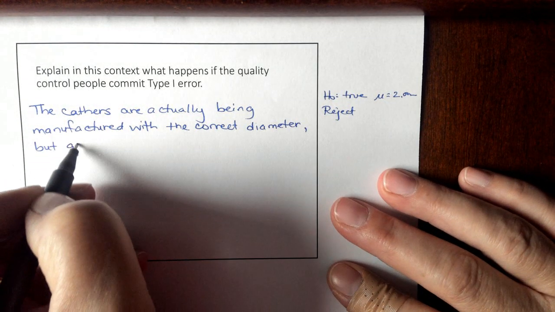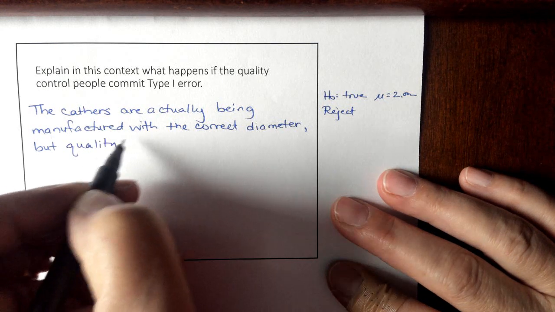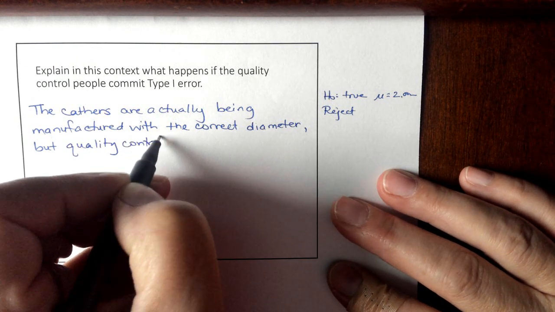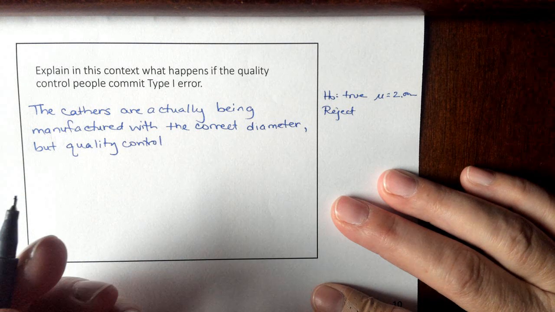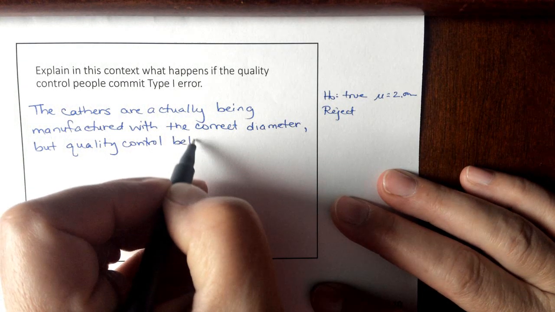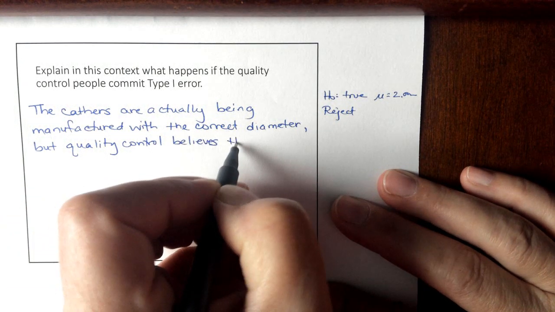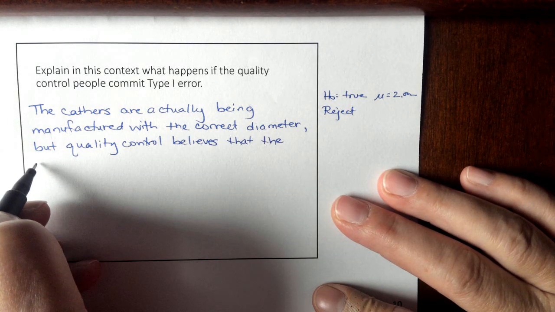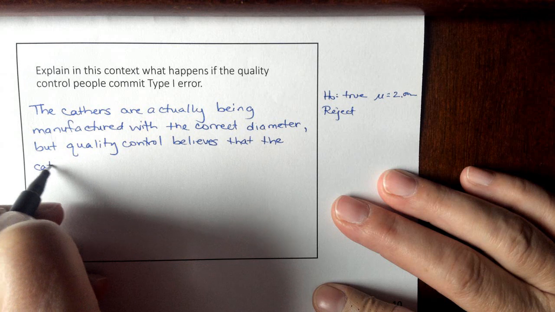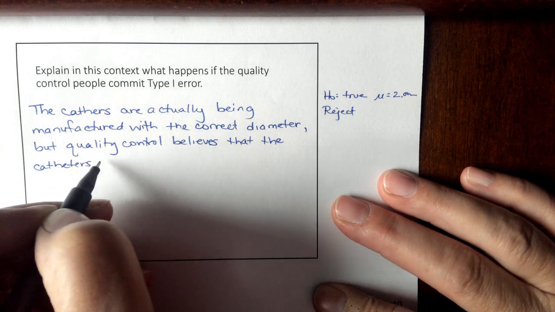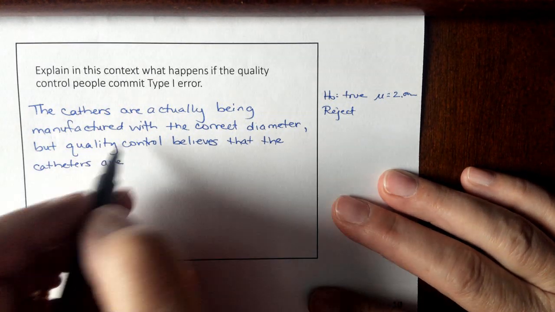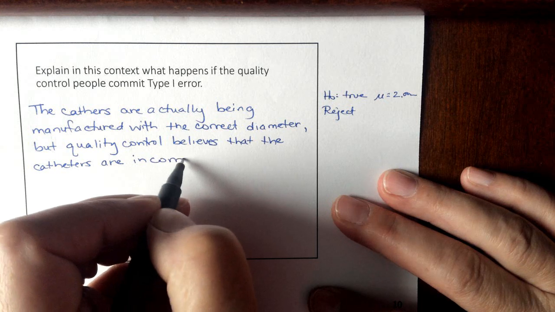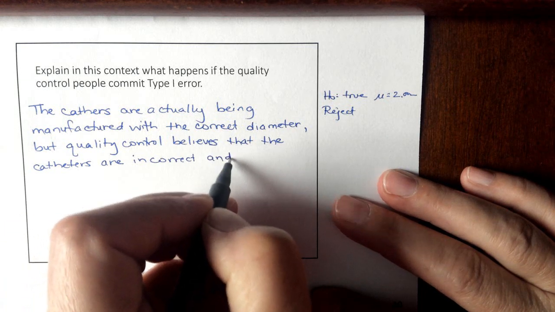So quality control personnel, we'll just call them quality control, believes that the catheters are incorrect and stops production.